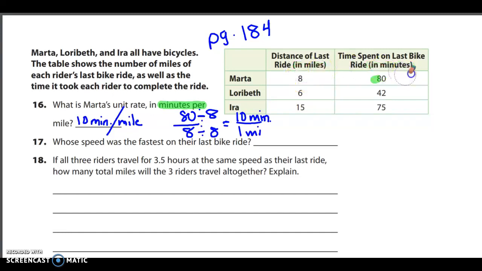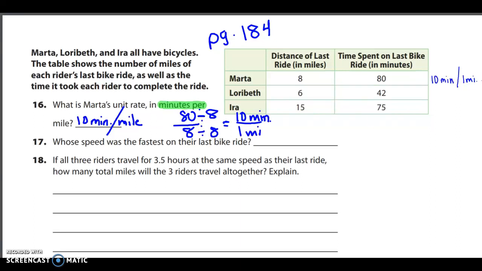The next question, I'm on question 17, says, whose speed was the fastest on their last bike ride? So what we knew so far about Marta is that she can go 10 minutes per 1 mile. Now we're going to do the same thing with the other two.